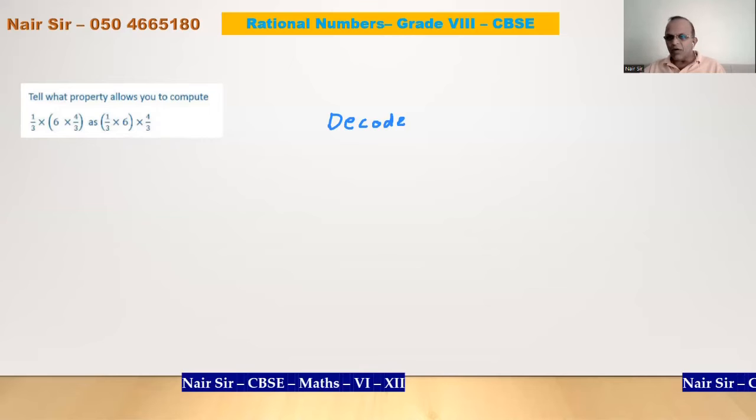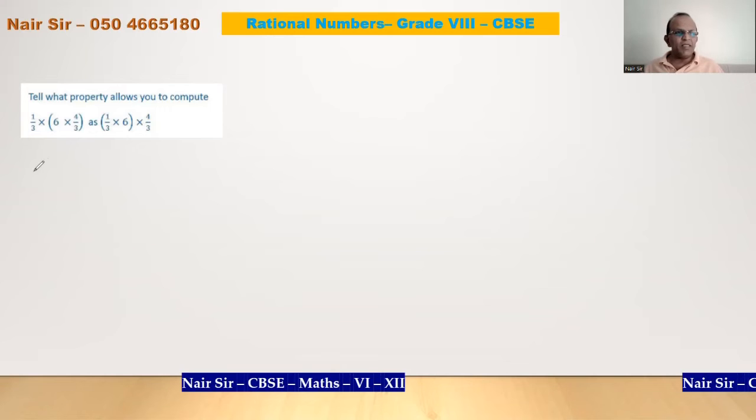If I can decode a question, I will get the solution. This is the pattern which I teach all my kids: never jump to a question. First of all, just read the question, try and decode the question, and then automatically, once you are decoding the question, the solution will come. Okay, so now let's decode this.